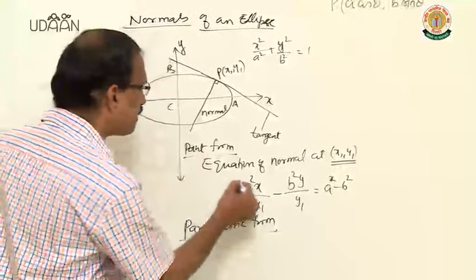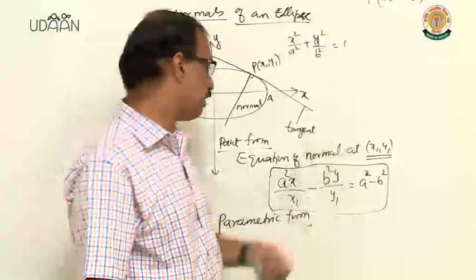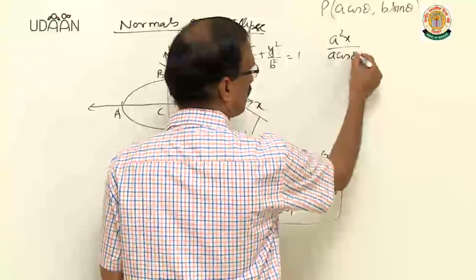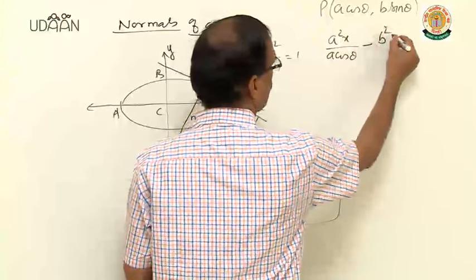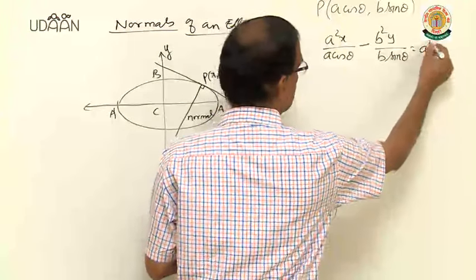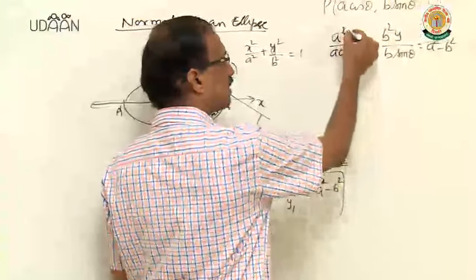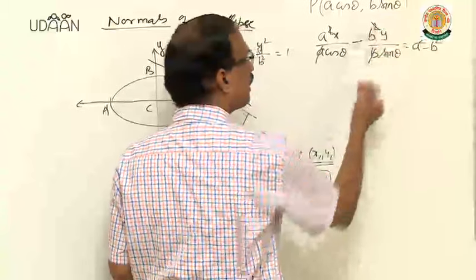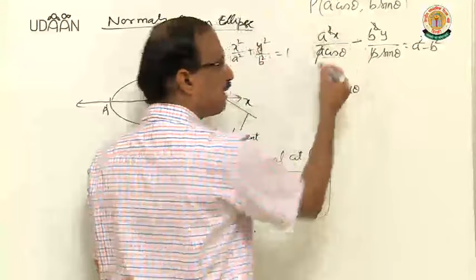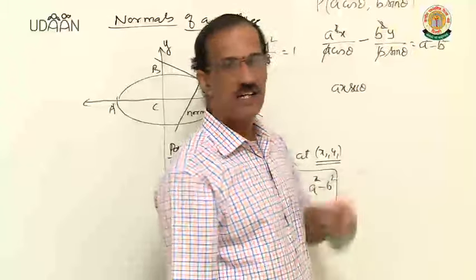If you replace this in the equation of a normal, the point form, you get a square x upon a cos theta minus b square y upon b sin theta equals a square minus b square. From this you can cancel this a and this b also. What we get is ax sec theta, because 1 by cos theta is sec theta. Similarly here 1 by sin theta is cosec theta.